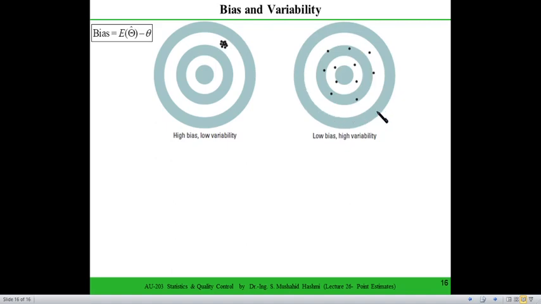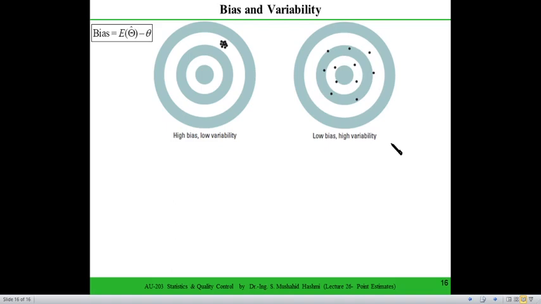Whereas this is a case in which you have very high variability, because the observations are away from each other, but low bias, in the sense that the difference from the true value is a smaller number. Since variability always lies within the sample, it shows high variability.